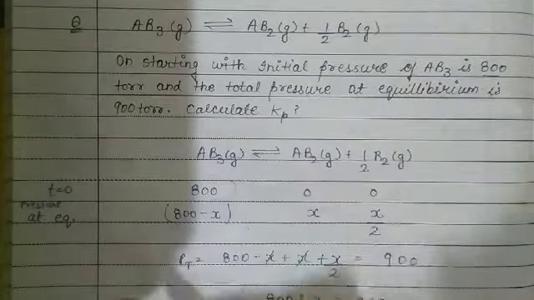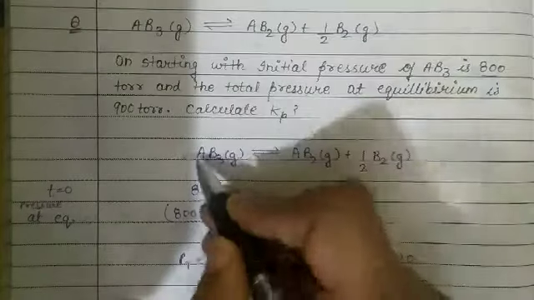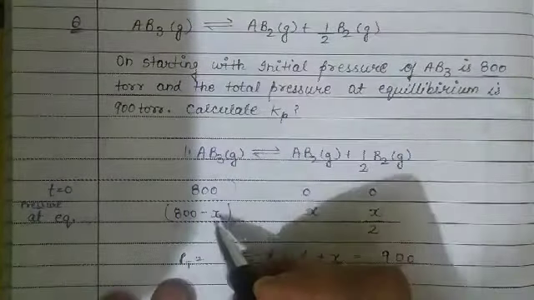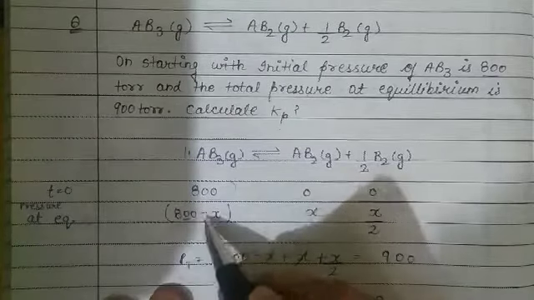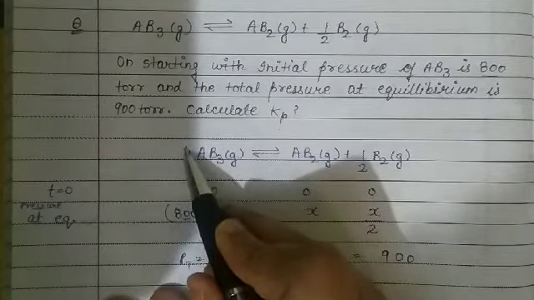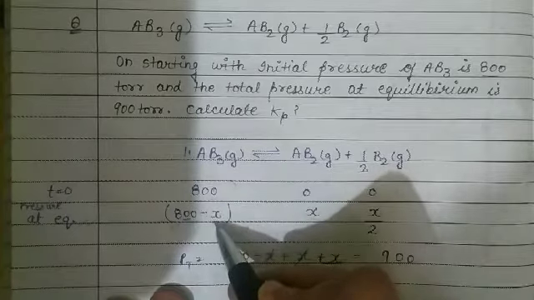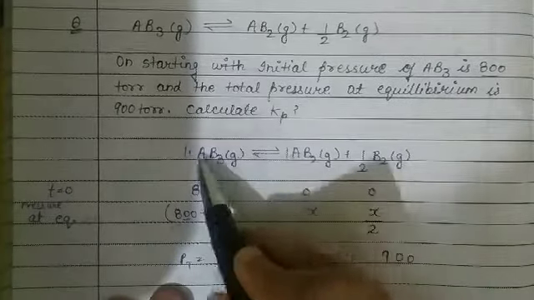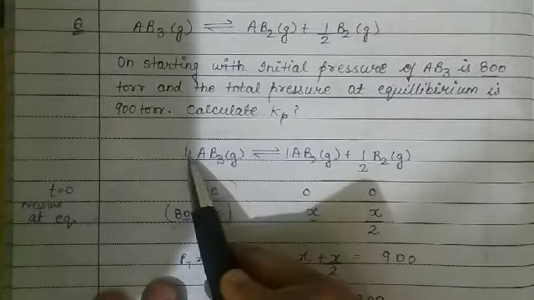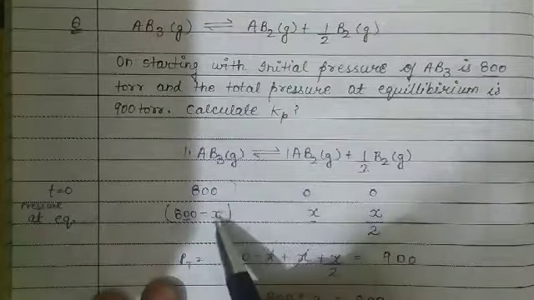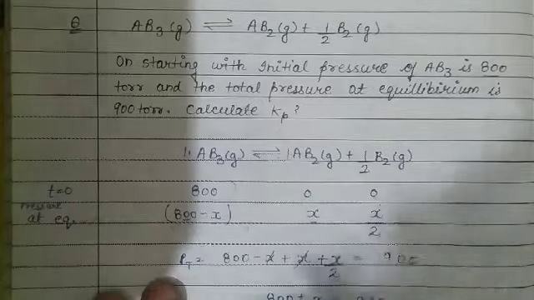Now pressure at equilibrium, as again coefficient is 1, so pressure of AB3 at equilibrium will be 800 minus x, for coefficient 1 I am taking x. As coefficient ratio is 1:1, so AB2 will also be x. But coefficient ratio in this case is 1:1/2, so when it is x, then it will be x/2.